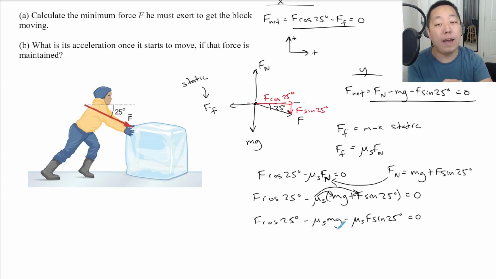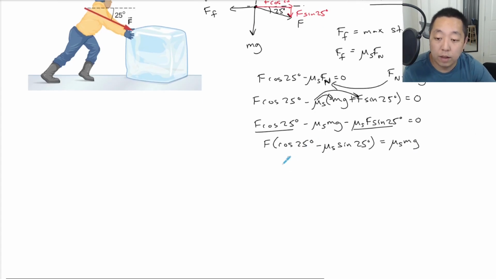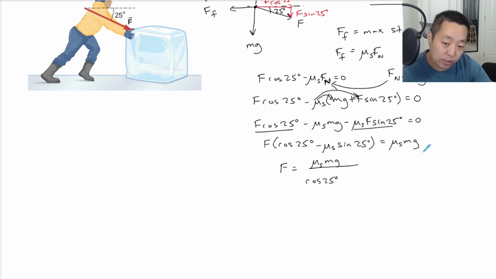I'm solving for F, so I need to keep everything with F on one side and move the mu s mg term to the other side. I'm going to factor out an F from the two terms: F times cosine 25 degrees minus mu s sine 25 degrees. Then I divide that term to the other side, so F is equal to mu s mg over cosine 25 degrees minus mu s sine 25 degrees.